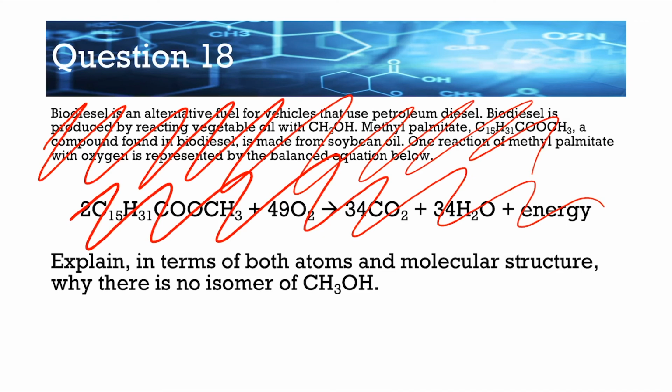Okay. What is important is explain in terms of both atoms and molecular structure why there is no isomer of CH3OH. So if you were to draw this, CHHOH, see why there is no isomer.